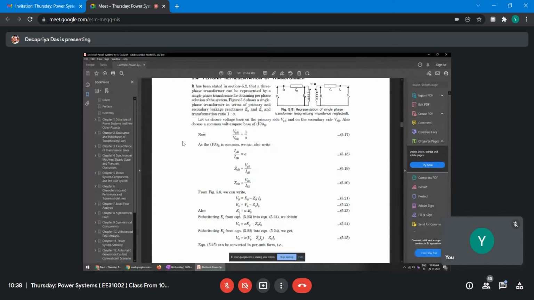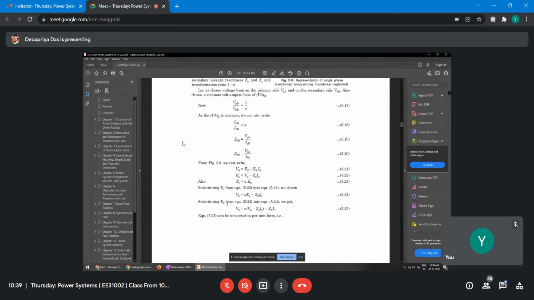So ES is equal to A into EP. You substitute this here, so VS is equal to A into EP minus ZS IS. Now substitute EP from equation 22 into this equation 4, so you will get VS is equal to A in bracket VP minus ZP IP, minus ZS IS, right?